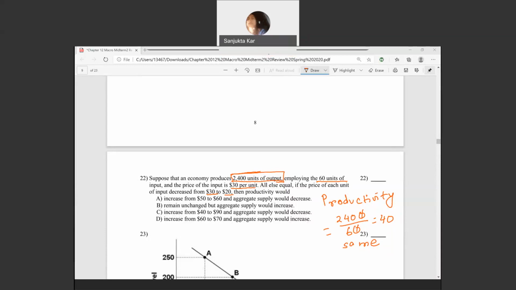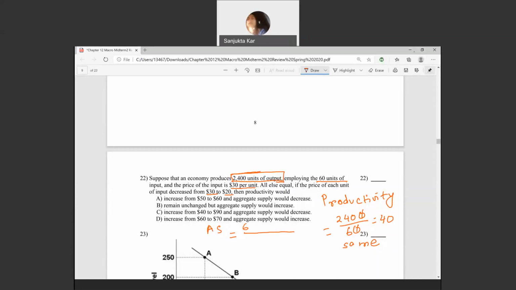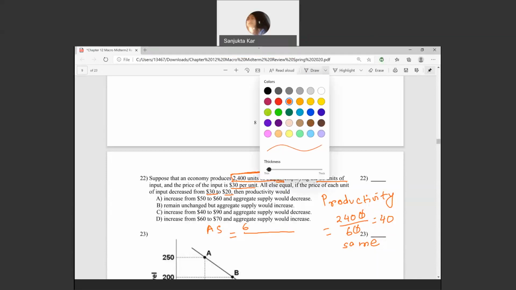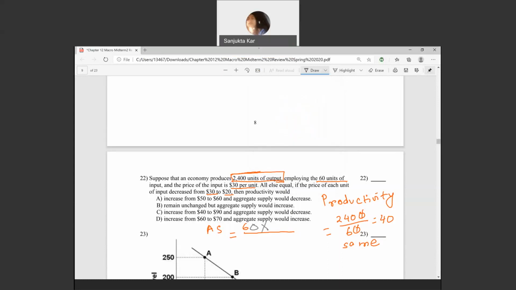If we look at the total input cost, it's going to be 60 times 30.